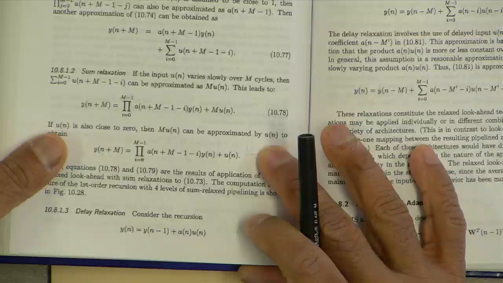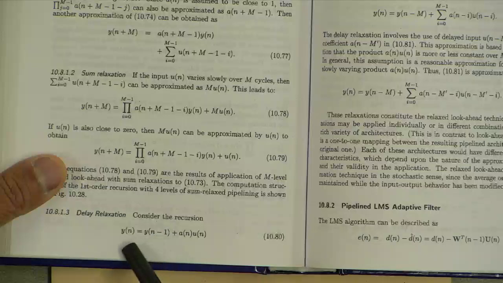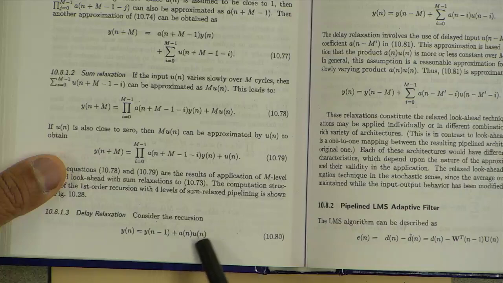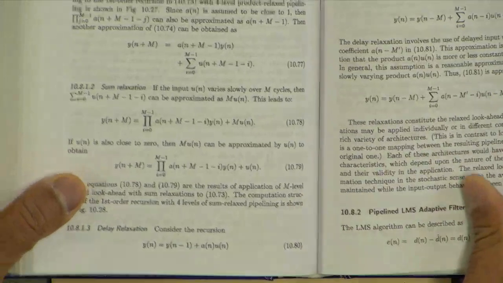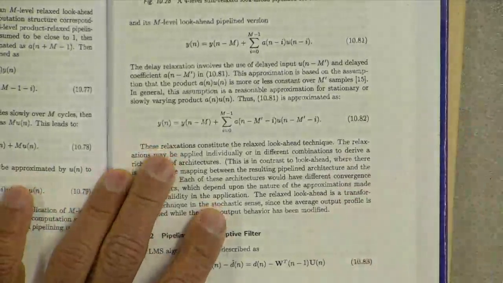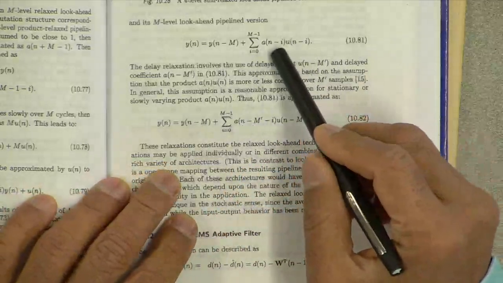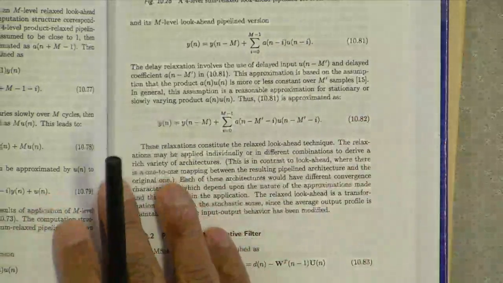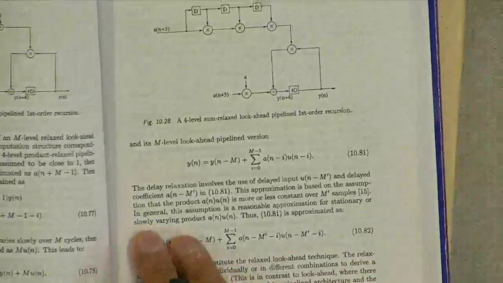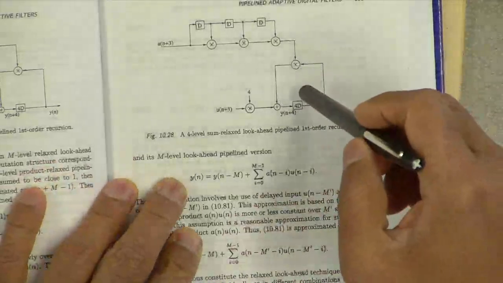And the last approximation is the delay relaxation. The delay relaxation says I'm now computing y_n using the past y plus this a times u, and if we apply this delay relaxation, then we can express y_n as a function of y_{n-m} plus that whole thing here, the pre-computation again. Before I get to the delay relaxation, it is a good idea to see what we are approximating here.